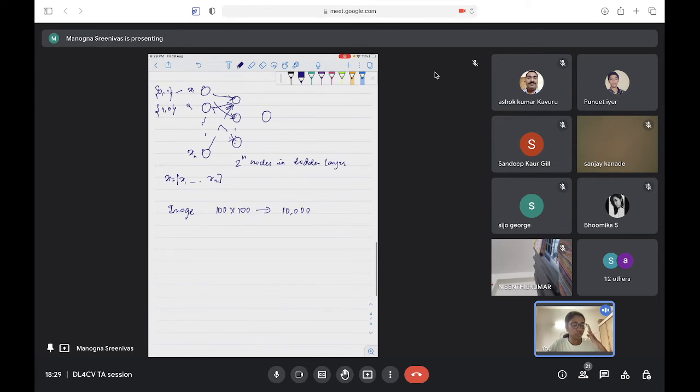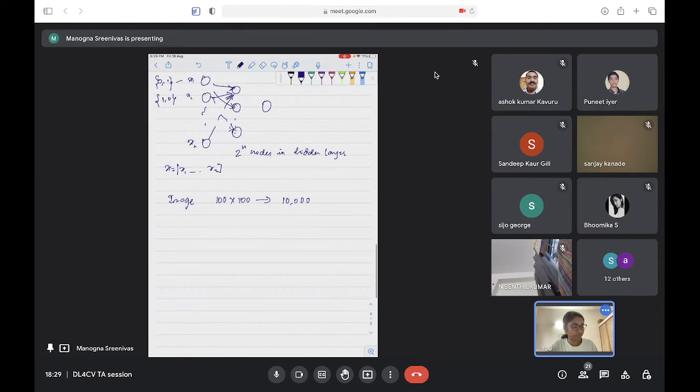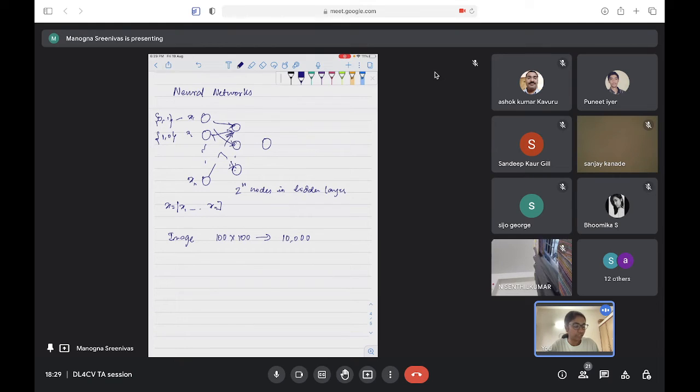But when I use this, one thing is, although I include multiple layers, if I simply have a linear function, say w1 transpose x, where w1 is the weight vector for the first neuron, and w2 transpose x, up to wn transpose x, and then I simply pass it ahead using one more, say w1 of the second layer transpose x.